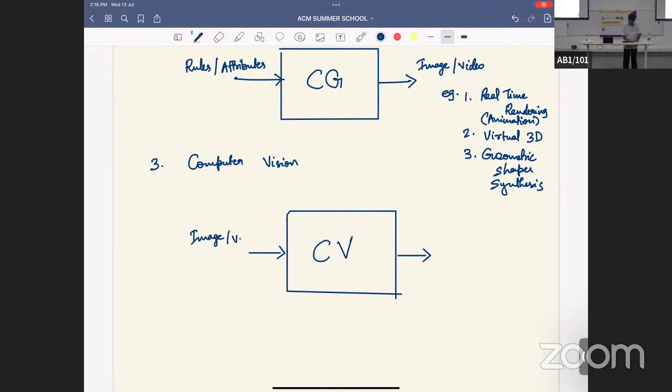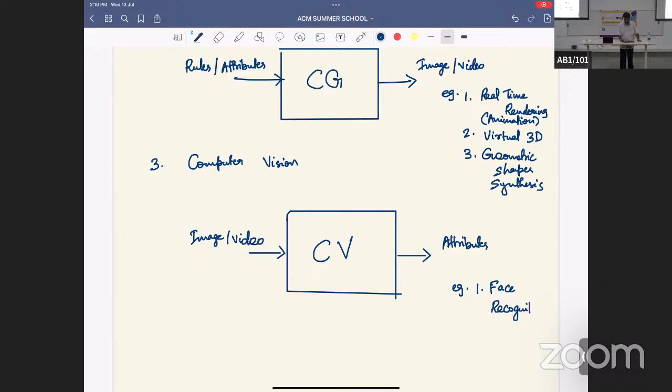So you need to just invert the input and output from CG. Here you can say some attributes, right? Someone remarked face recognition. Okay. Suppose you give an image or video and ask your system to output who are the people in the image or video. Face recognition is one such example.